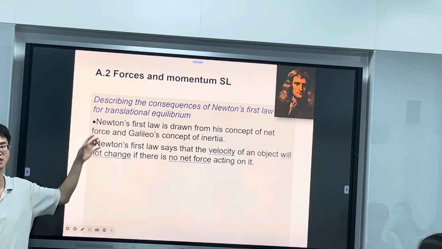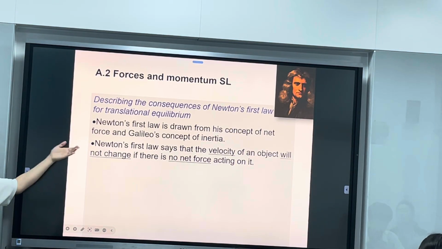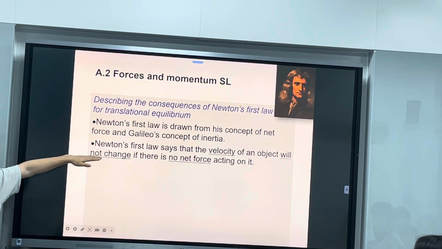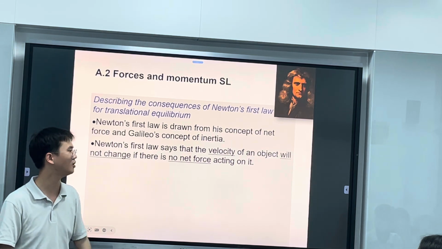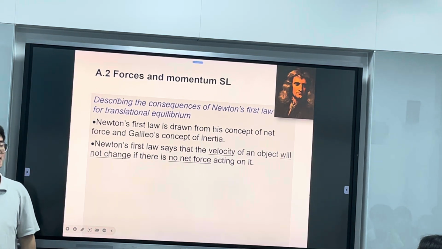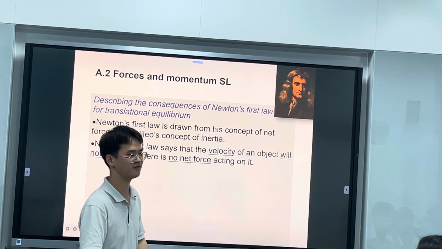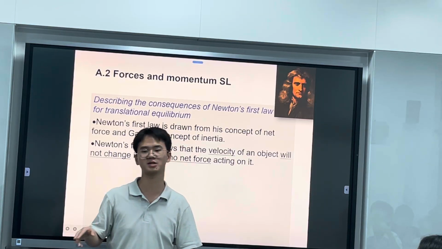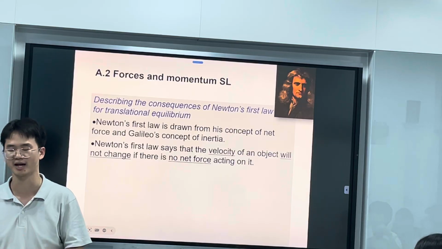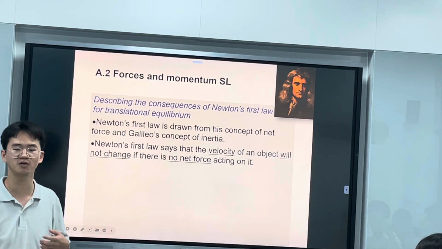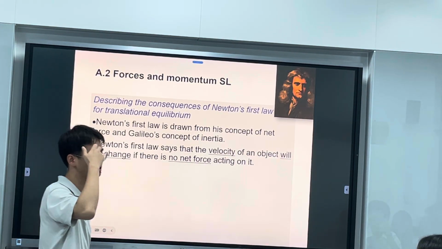So Newton summarized the stuff and then gave us the famous Newton's first law, which says that the velocity of an object will not change if there is no net force acting on it, right? In MYP, what we learned is if the resultant force acting on an object is zero, then the object will tend to do whatever it's already doing, right? If it's moving, it will keep moving in a straight line at a constant speed.